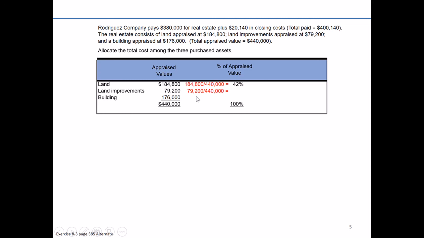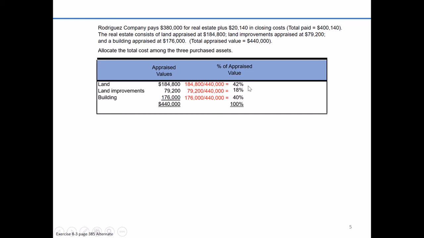Land improvements, $79,200 divided by the same total appraised value of $440,000 gets us 18%. Building, 176,000 divided by 440,000 gives us a relative percent of 40%. If we added these all up, we should equal 100%: 42% plus 18% for land improvements plus 40% for building. That's our total appraised value of 100%.